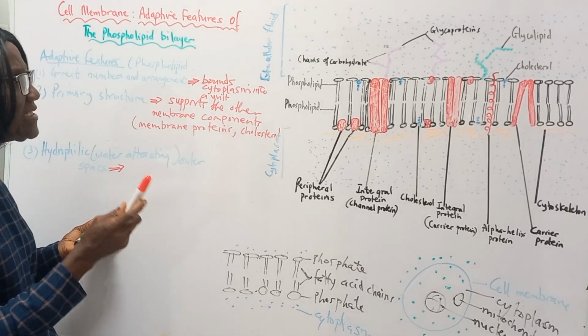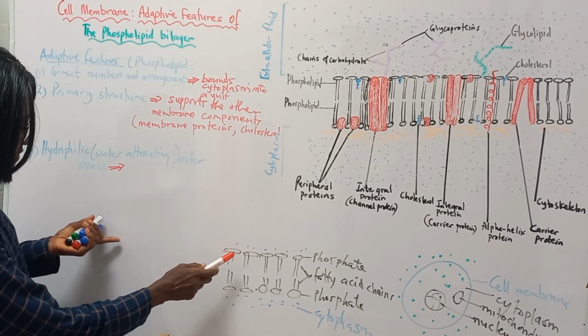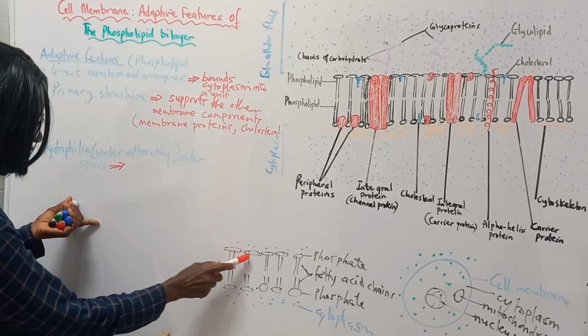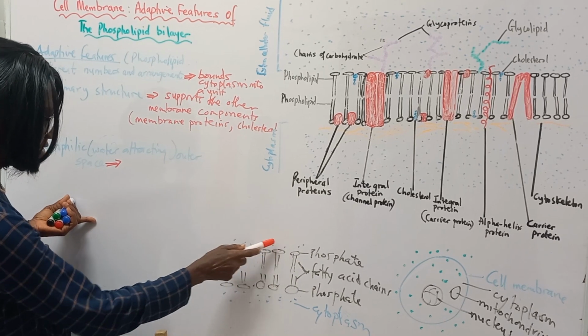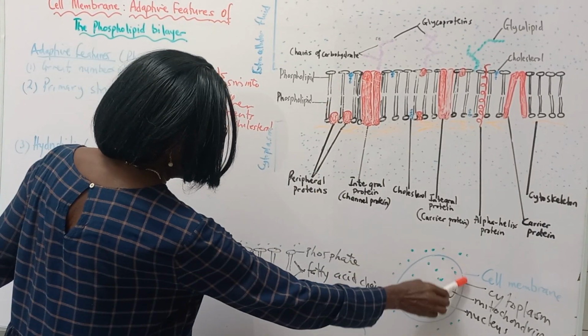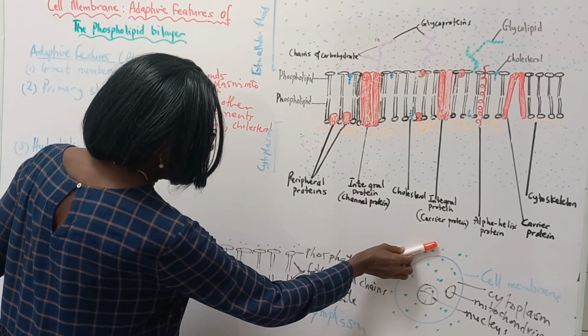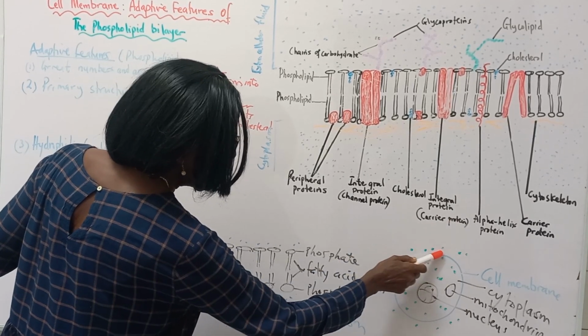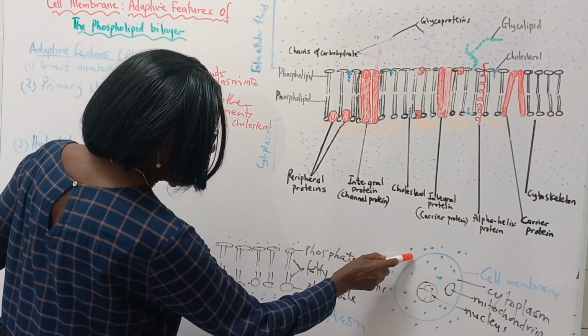The third adaptive feature I want to look at is that the outer surface of the membrane is hydrophilic, water attracting. So this membrane, the cell surface membrane, has an outer surface that is water attracting, hydrophilic.